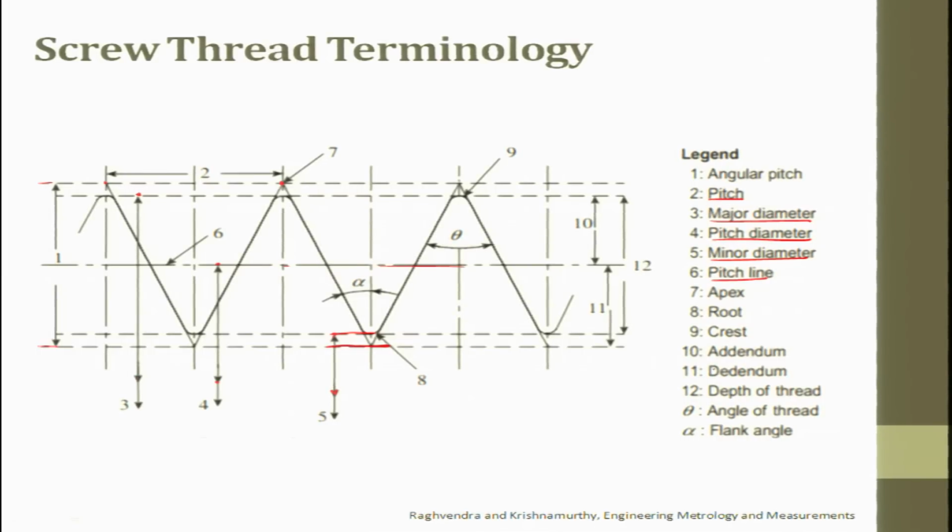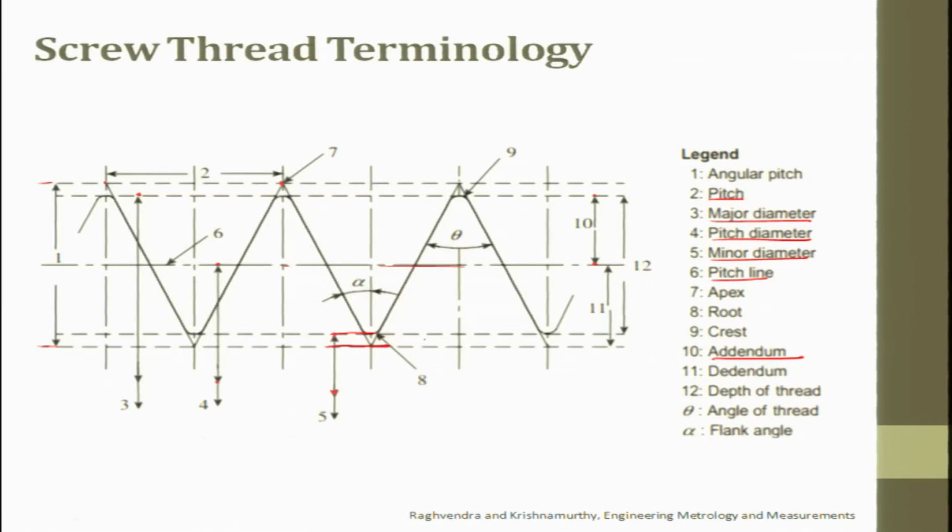Then we will see what is addendum and what is dedendum. Addendum means from the central axis to the crest; from here to here is called addendum. What is dedendum?